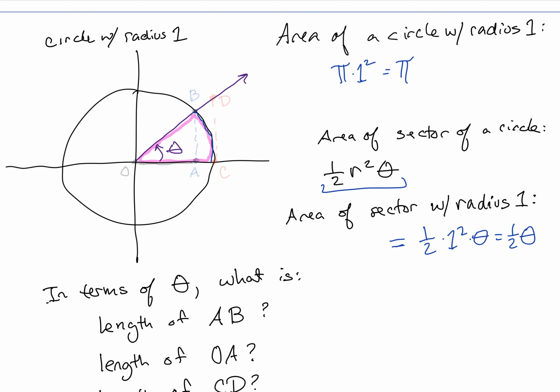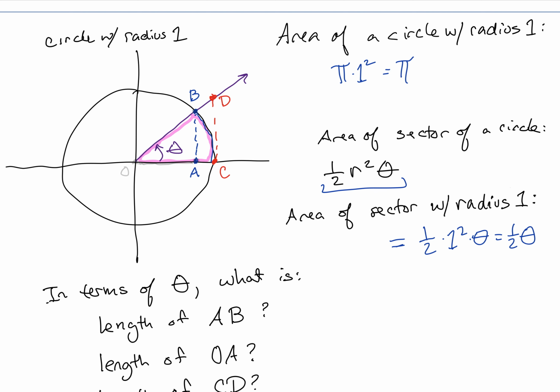Now we're going to think about two triangles. We're going to think of the triangle that begins here and drops down, and we'll label that triangle as having points A and B. We're also going to think of the triangle that starts here and goes up. This triangle, we're going to call CD, those two points.